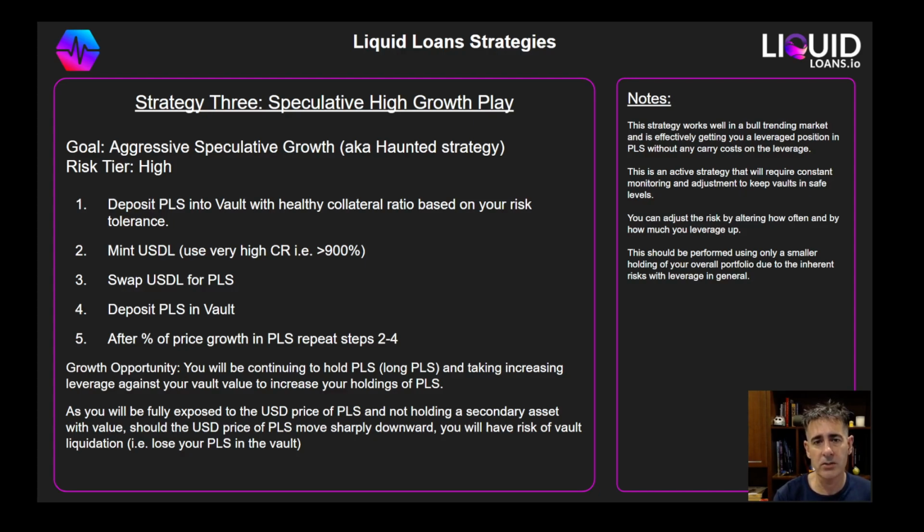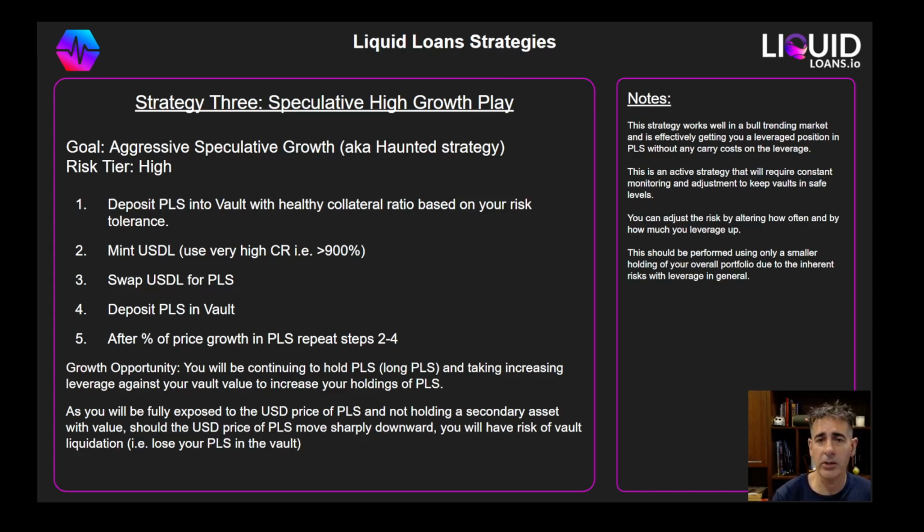On average, most vaults would probably sit around the 150 to 160 mark in collateral ratio on Ethereum. And we understand Pulse is going to be a little bit more volatile. So we naturally want to up that to 250, 300, just for the safe strategies. And then when you're using something more aggressive, you want to be in the 900 to 1,000 mark and beyond, hopefully, with these strategies.